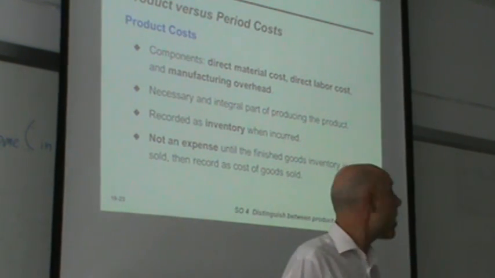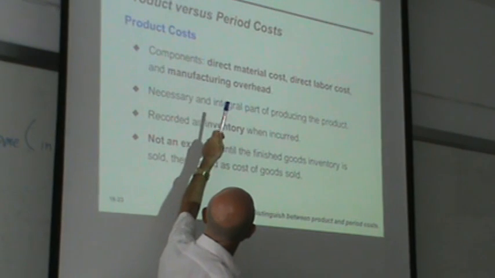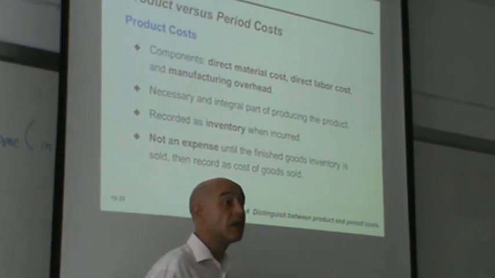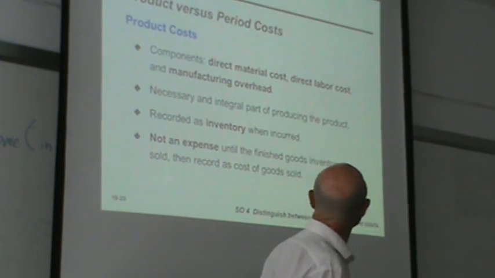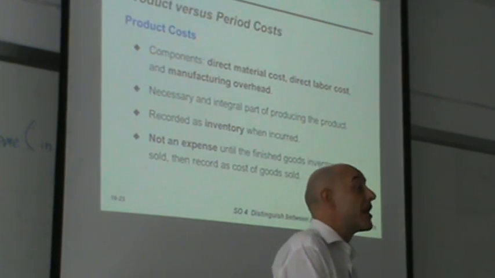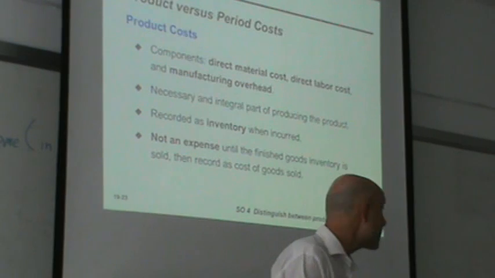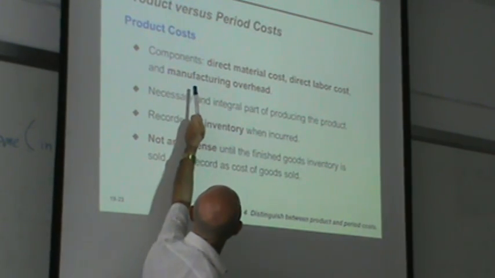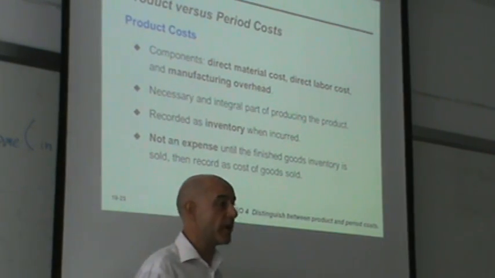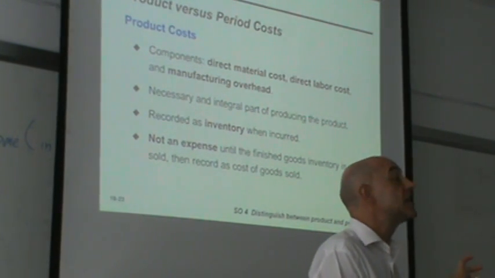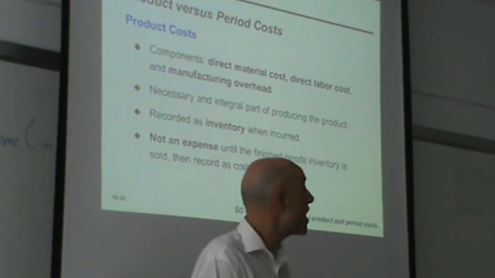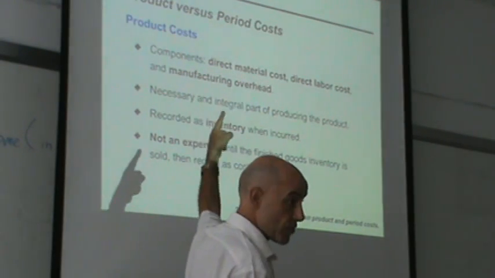So, product costs are direct material, direct labor, you associate them directly with the product, and manufacturing overhead. So the manufacturing overhead is somehow still associated with the product.